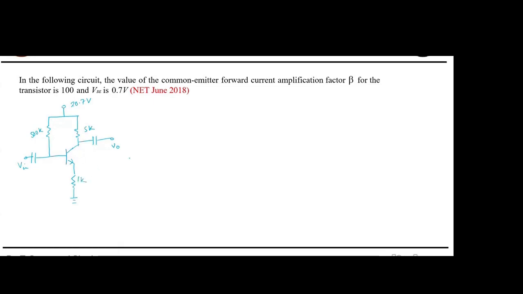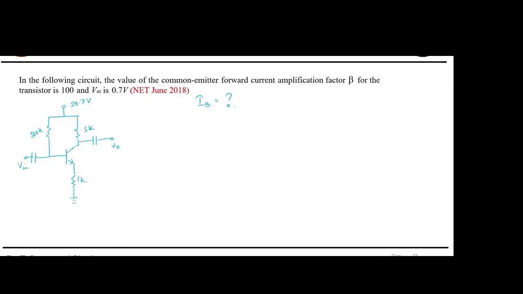Yeah, can you solve this? In the following circuit, the supply voltage is given, and you have to find IB. Can you solve this? What will happen to the capacitor? We are doing DC analysis, right?